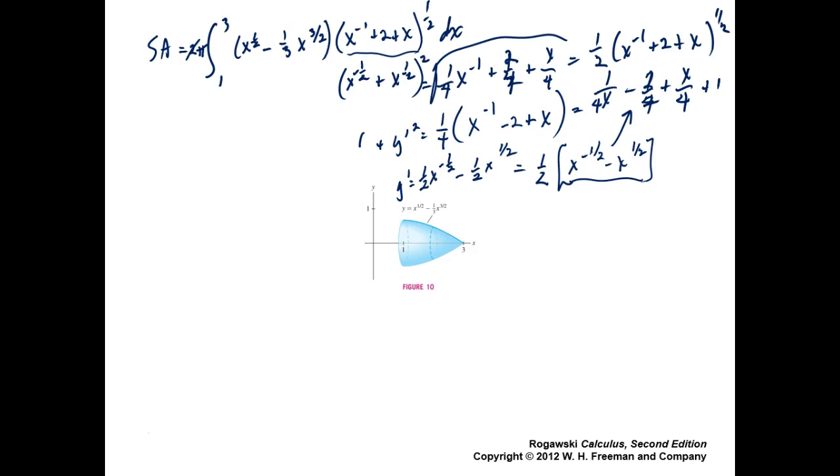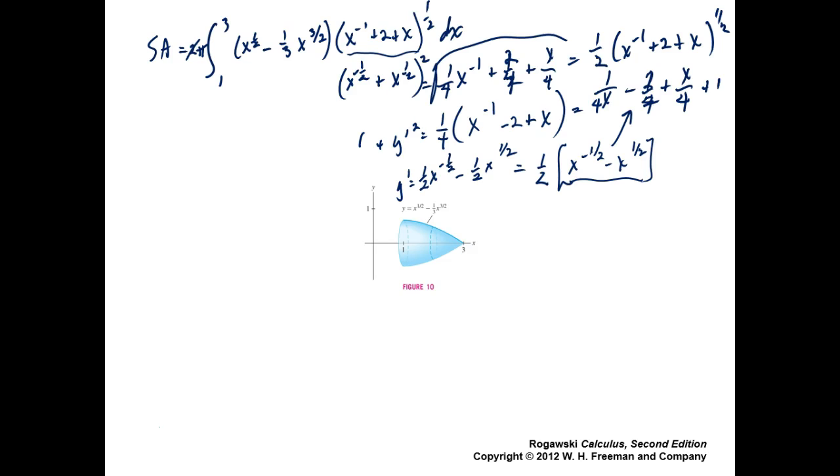Let's see if we wouldn't get what's up here. Square the first term, that gives you x to the minus 1, right? Plus twice the product here. Sure enough, that's what you got there. Plus this squared is exactly that. So sure enough, this thing right here is a perfect square trinomial, and you take half of that, so you get just that term there.